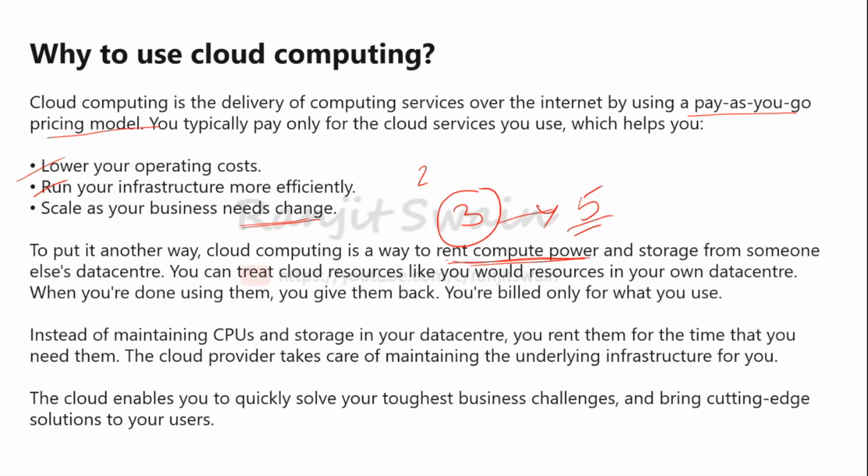When we talk about the pay-as-you-go model, that means we are going to rent compute power and storage from a service provider. Suppose I have my laptop, and you guys are connecting virtually. You are using your internet services and my Teams, the software you're using to connect, and you are using my laptop to view and read whatever content I am sharing.